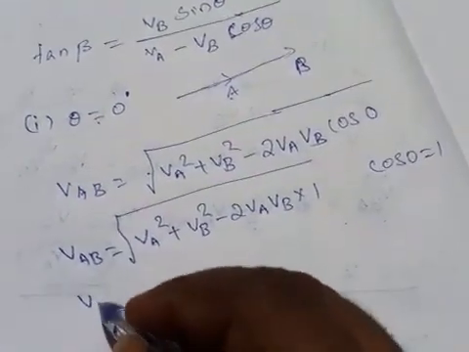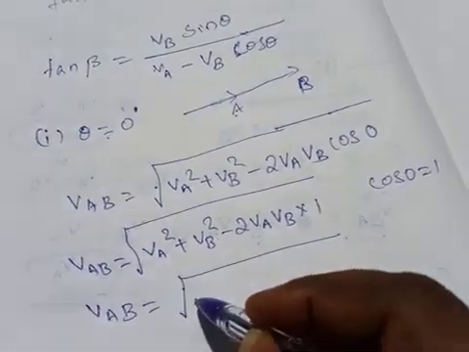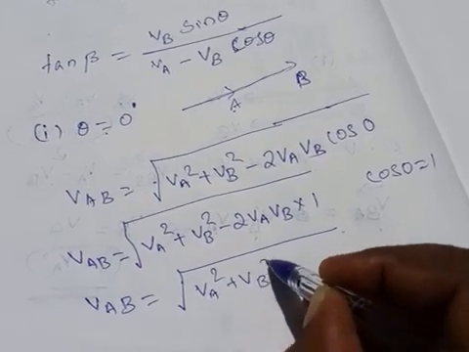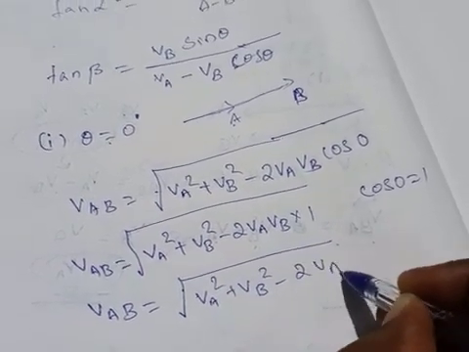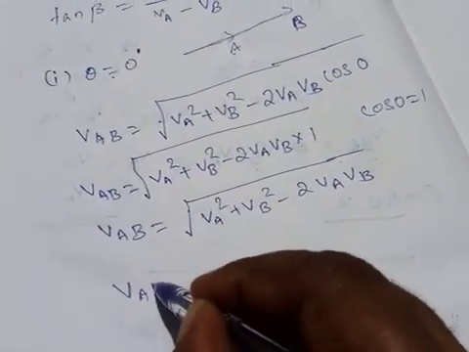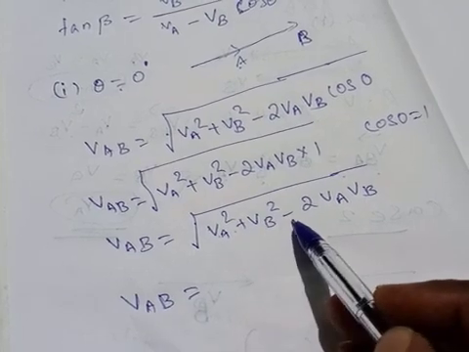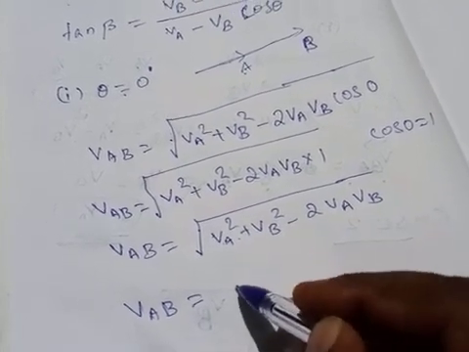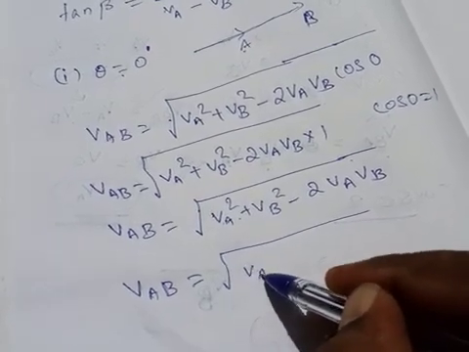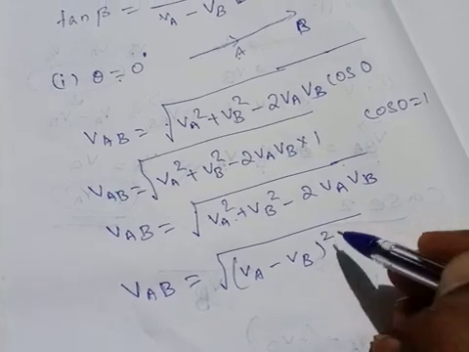So VAB is equal to root of VA square plus VB square minus 2VA VB. This we can write in the form of A square plus B square minus 2AB, so A minus B the whole square. So root of VA minus VB the whole square.